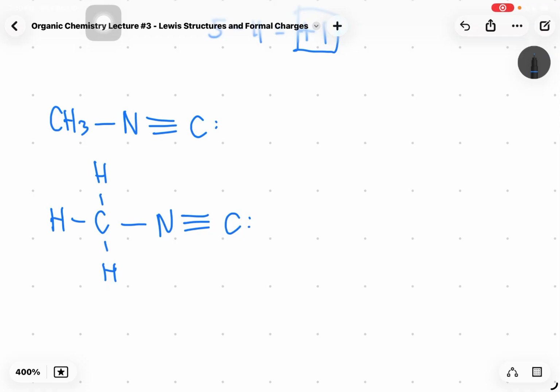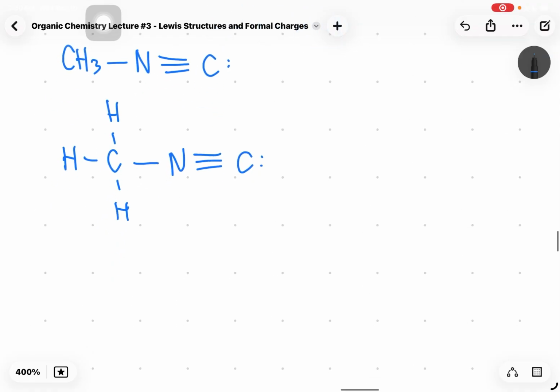So that's 4 bonds connected to carbon, meaning 4 lines, and carbon has 4 valence electrons, so it's 4 minus 4 equals 0. Carbon has an overall formal charge of 0, the left carbon. Now let's find out the formal charge of the nitrogen. So that's 5 minus 4 lines is equal to plus 1. So we have a charge of plus 1 for the nitrogen.